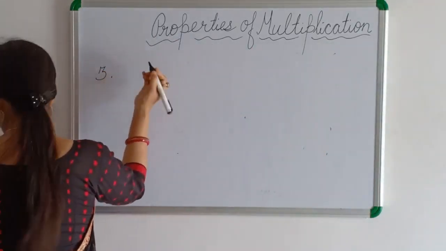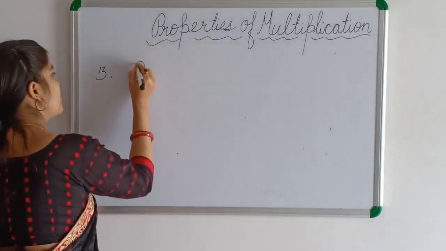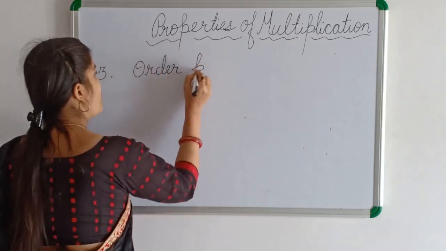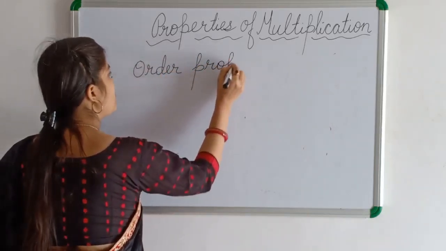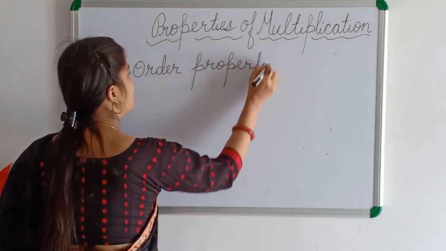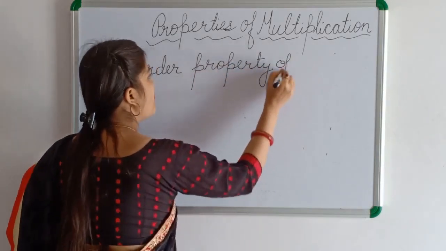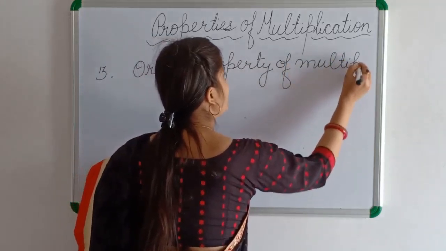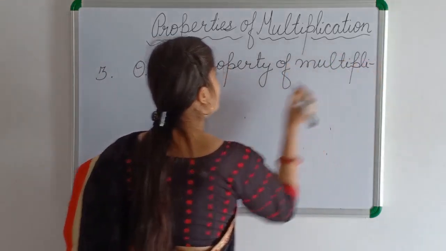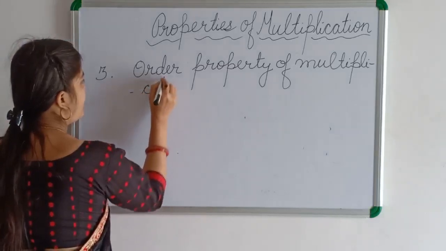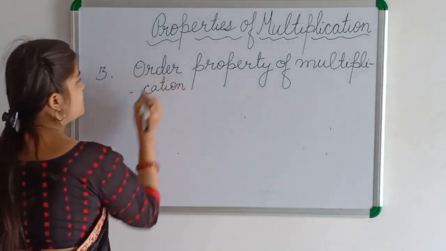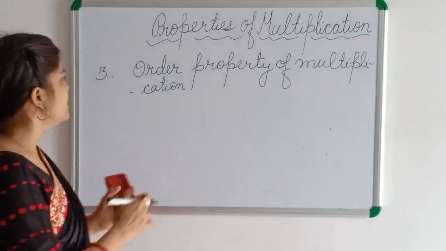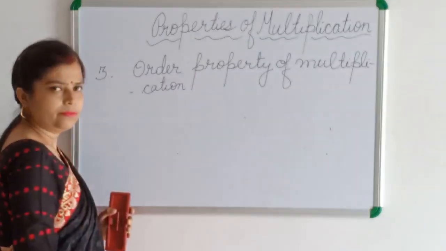Now let's go to the third property of multiplication, that is the order property of multiplication. By this, we can understand it is telling something about order.